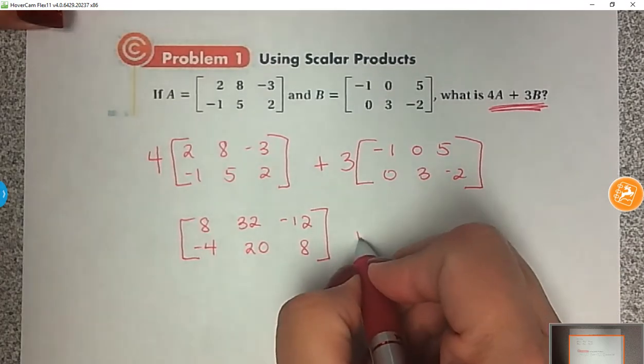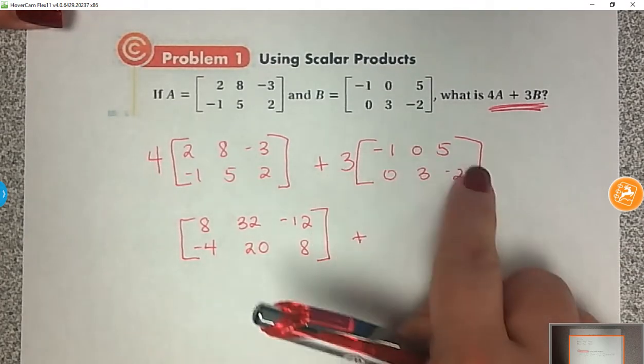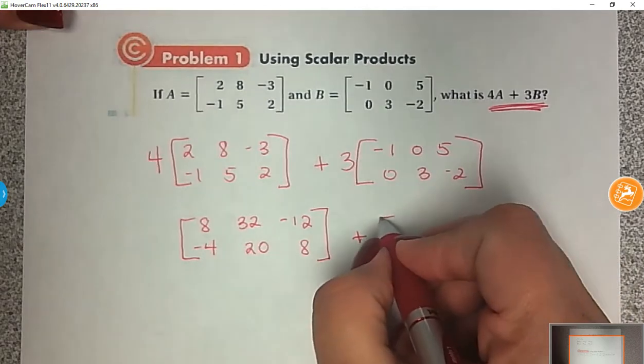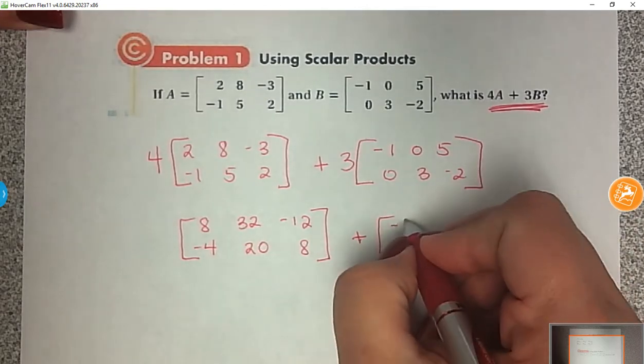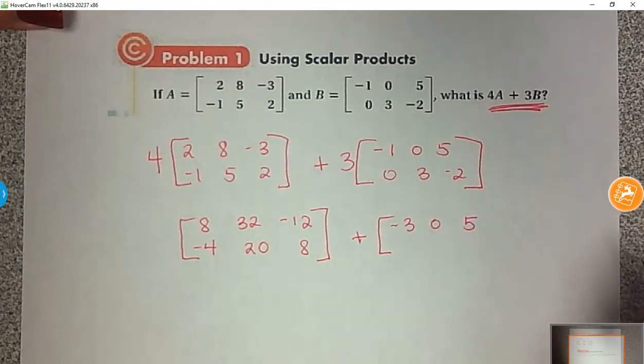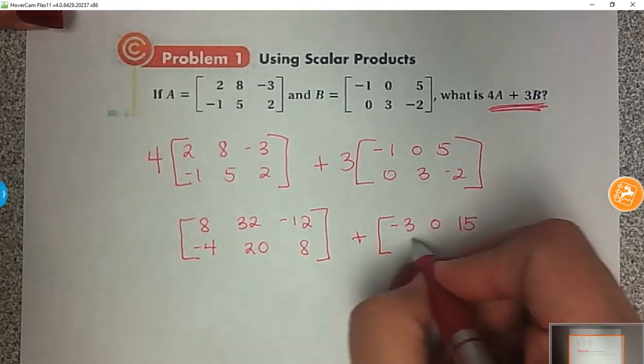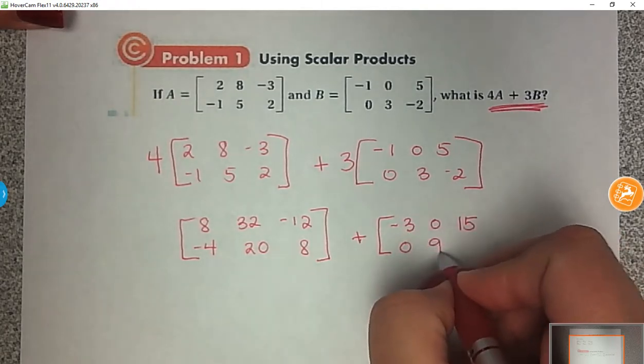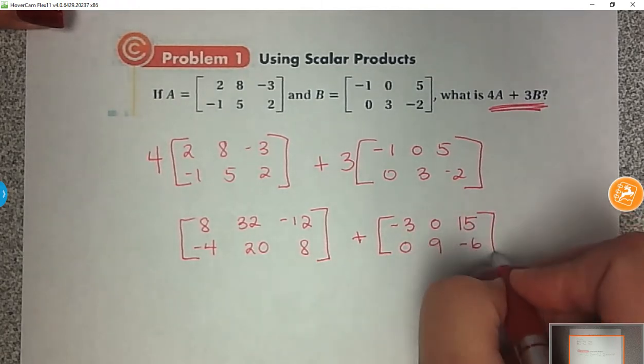For the second matrix, when I multiply this 3 times everything in that matrix, I get negative 3, 0, 15. On the bottom row, I get 0, 9, and negative 6.